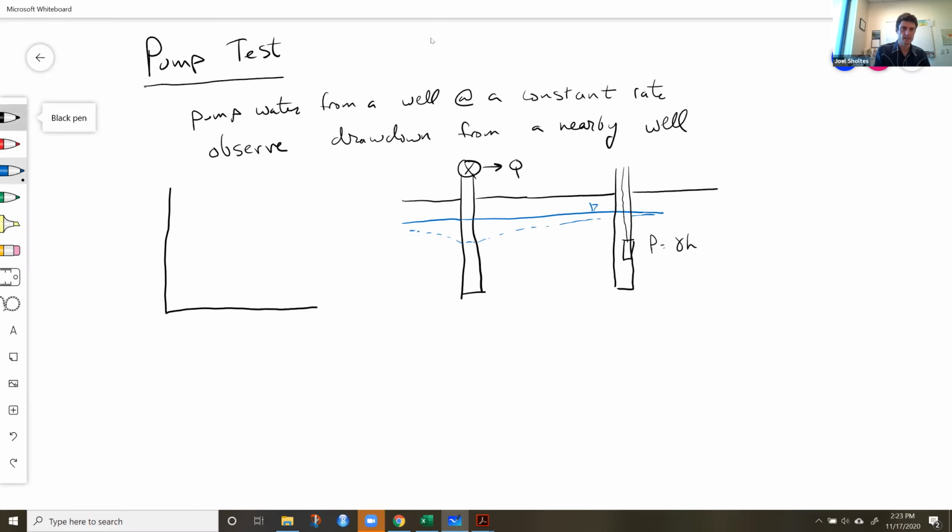So the data is something like this, we might have drawdown, say in meters, and then we'll just have time over here. And usually the drawdown, depending on the hydraulic conductivity, has some nonlinear shape. And so it drops quickly and then slows down over time.